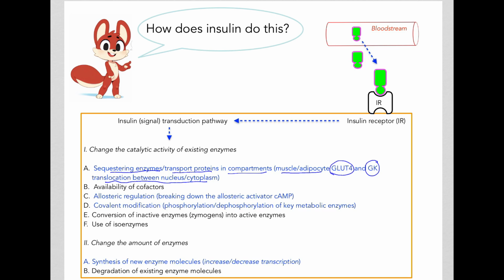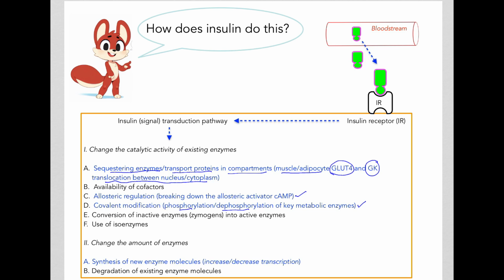We'll see how insulin carries out allosteric regulation. We'll see how insulin carries out covalent modification, especially phosphorylation and dephosphorylation of key metabolic enzymes.